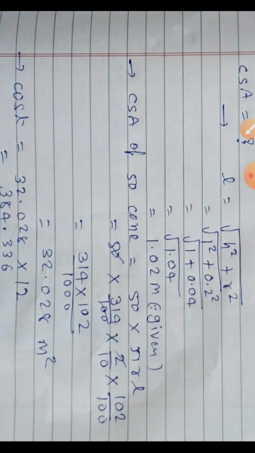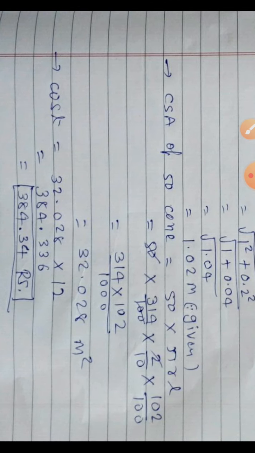Okay, now they have given us rate. Rate is given 12 rupees. So now nothing to do, just multiply the found area by 12. Okay, so we got 384.336 rupees, but rupees are written in two digits after the point, so we just rounded off to 384.34.